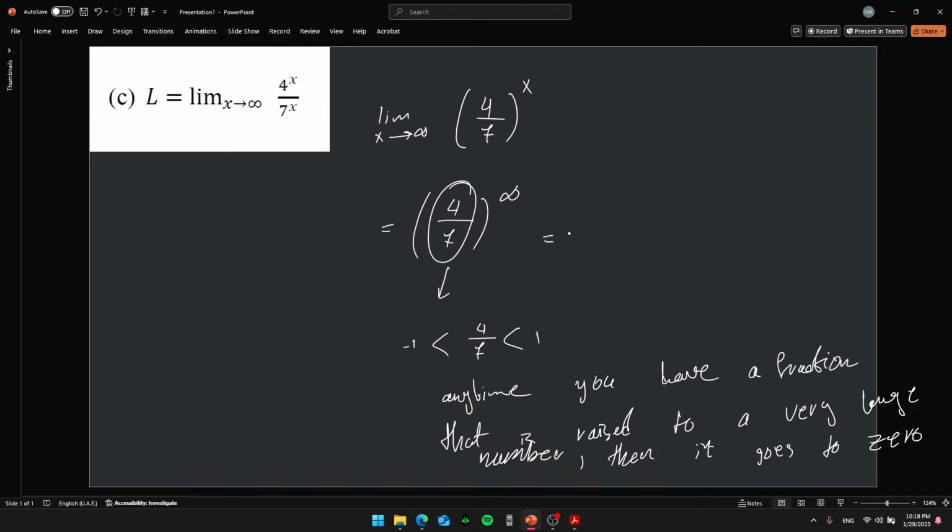Oh yeah, it equals 0. So we have a fraction raised to a large number, so it's equal to 0. That's how I solve the question.